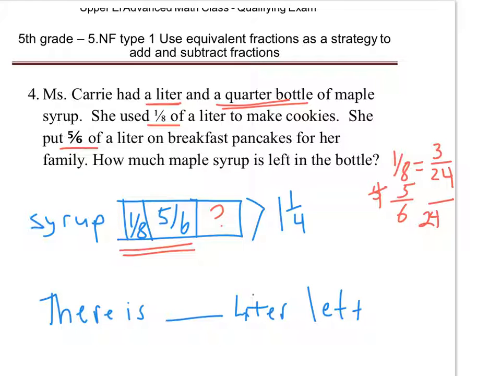So to get to 24ths from 6, you cut them in 4 parts. So the 5 pieces cut in 4 parts is 20. We say, oh, well, this is great. And so then we look at it and we say, this was 20/24.